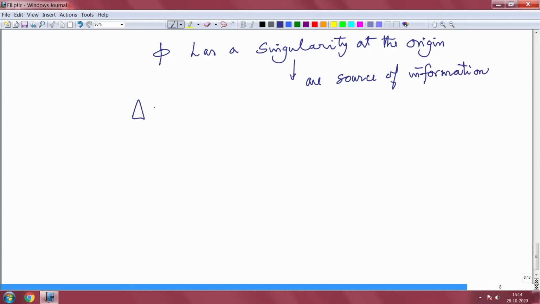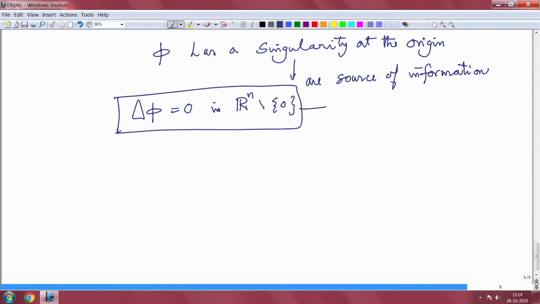You are looking for a solution in Rn, but you have a singularity. Except at that singular point, the Laplacian of u equals 0, this is a pointwise thing, in Rn minus 0, that is true. So, phi is harmonic in Rn with the point 0 removed.